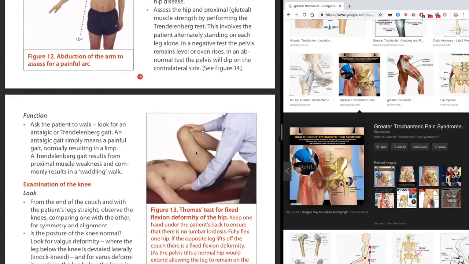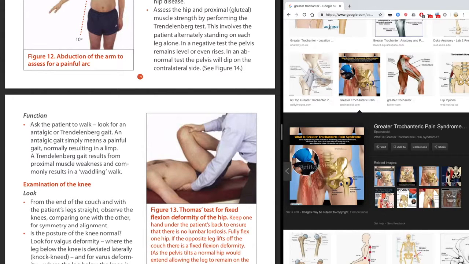So let's say you're doing the right leg. You put your hand under the lumbar spine, and you push the right leg up as high as you can, and then you look at the left leg. So you're assessing the left leg at this time.